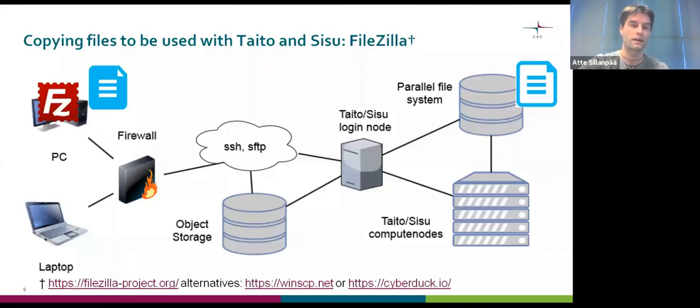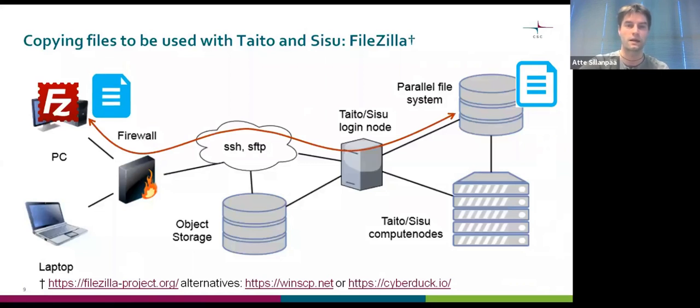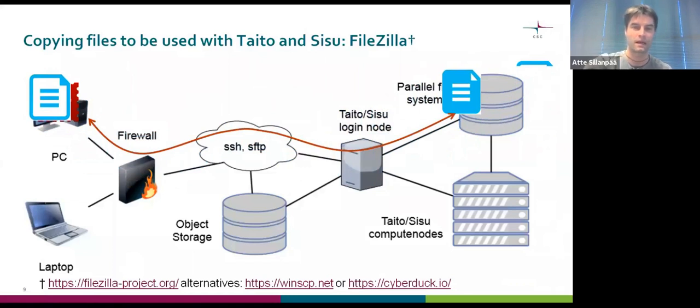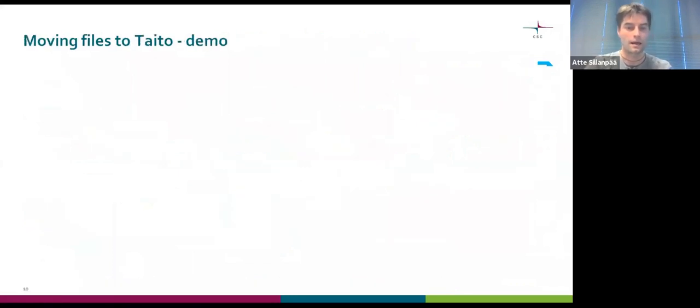And once you open that, you have a kind of file manager type window where on one end you have the local file system and the other end you have the remote file system. And there it's easy to move files back and forth. And here we have a fancy animation of files going back and forth. And now we try if we can do that in real time.